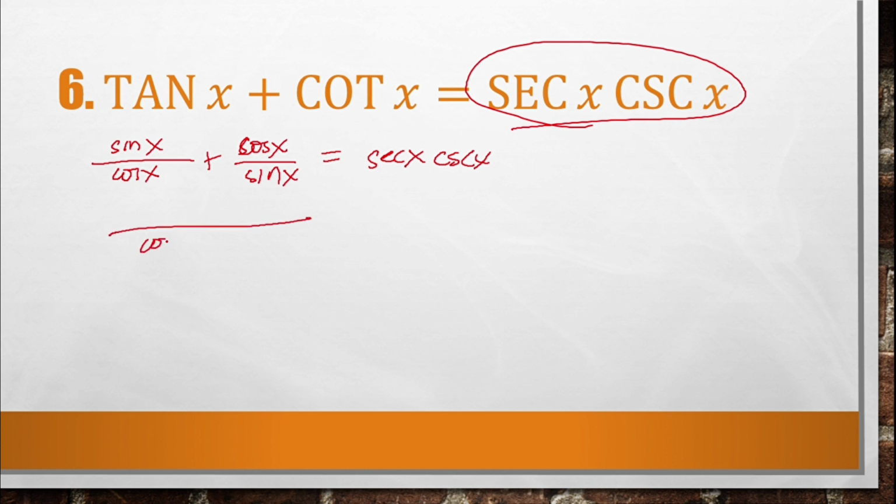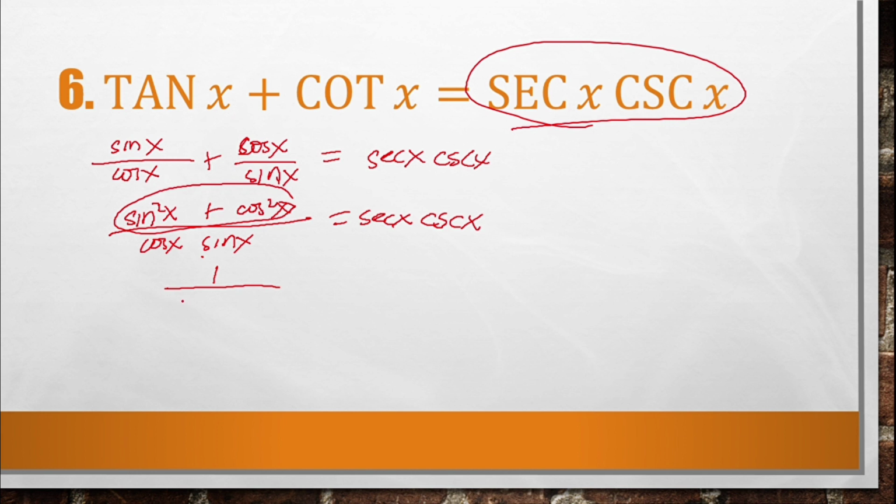So we have here cos x sine x as the common denominator. The remaining is sine squared x, plus cos squared x, over cos x sine x, which is equal to sec x cosecant x. So we have here the identity which is equal to 1.